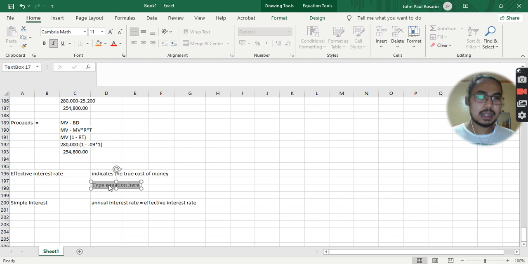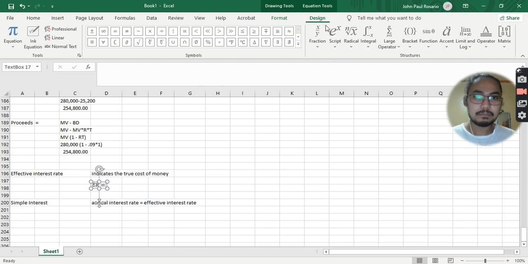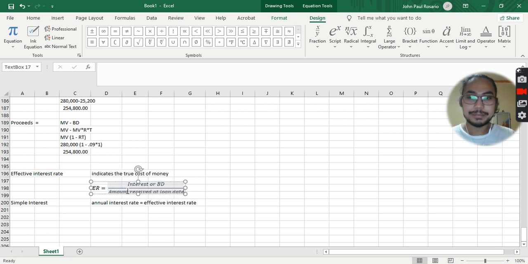Our effective interest rate, EIR, is equal to the interest or bank discount, depending on which is applicable, over the amount received at loan date times time.